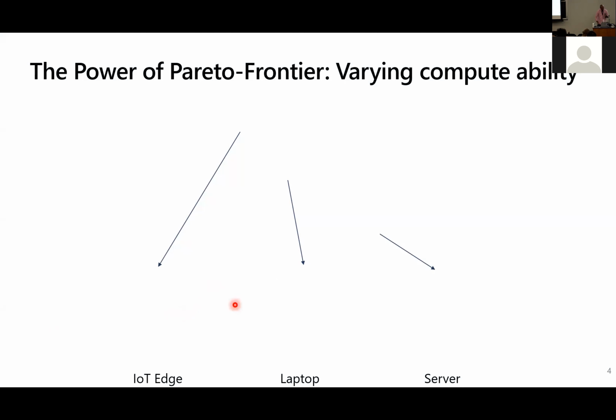Somehow Zoom is not showing the graph. Okay, so it should be a screen share in PowerPoint.